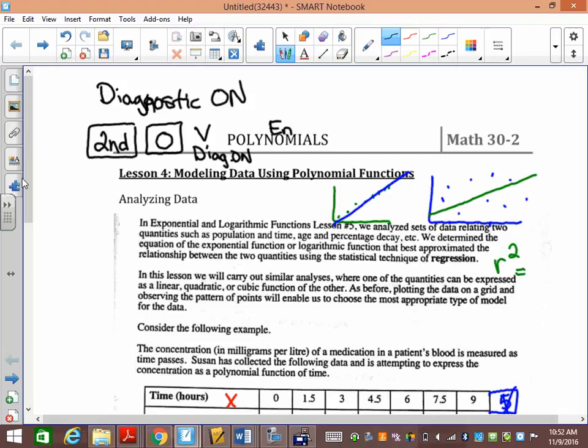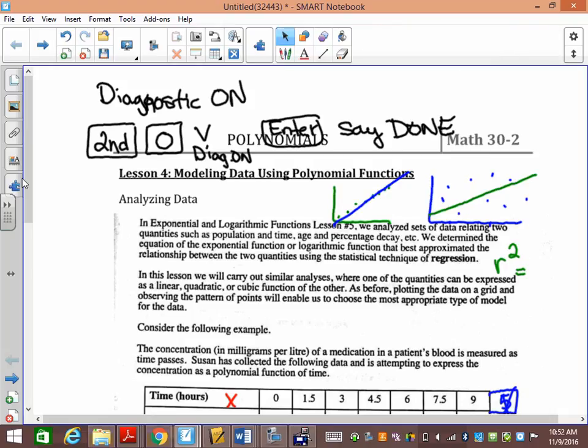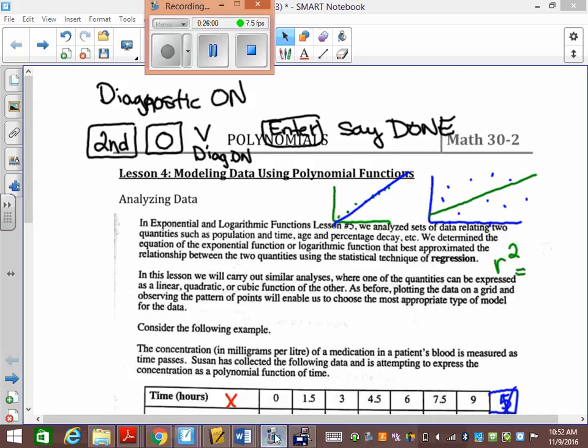Then I'm going to hit enter. And then it is going to say, what? Done. And then you know it's done. Diagnostic on you only need if it asks you what regression is best, which I've seen on tests before.